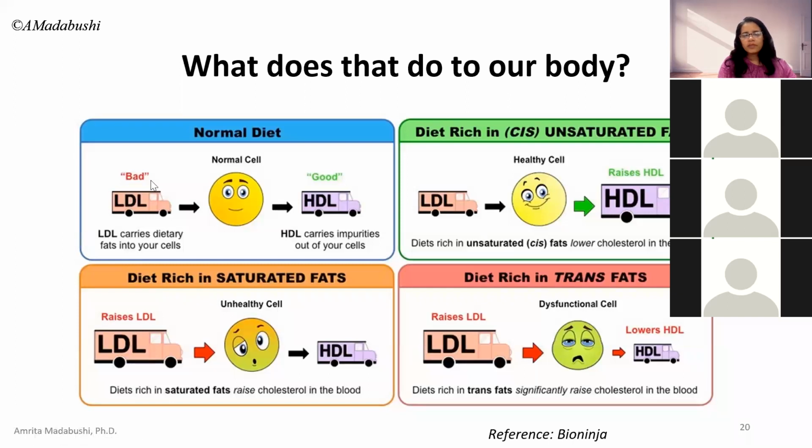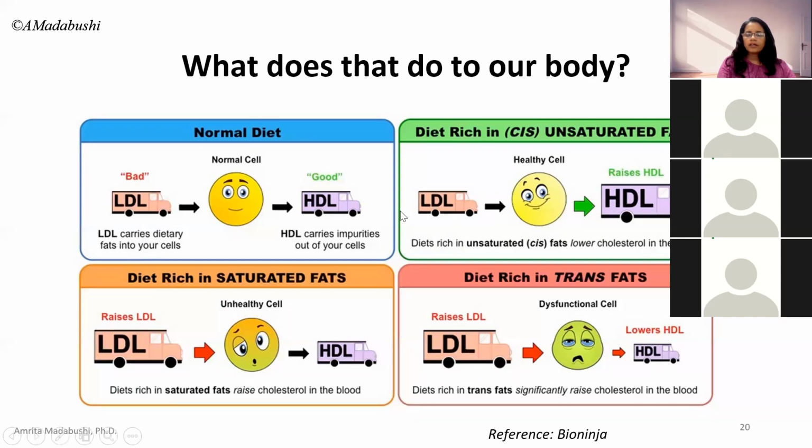So what actually does that mean? When we are having a normal diet and it's a normal cell, then low density lipoprotein takes the fats into the cell, okay? And the high density lipoprotein carries the impurities out of the cell. So that's good to know. Now, what happens when you have unsaturated stuff?